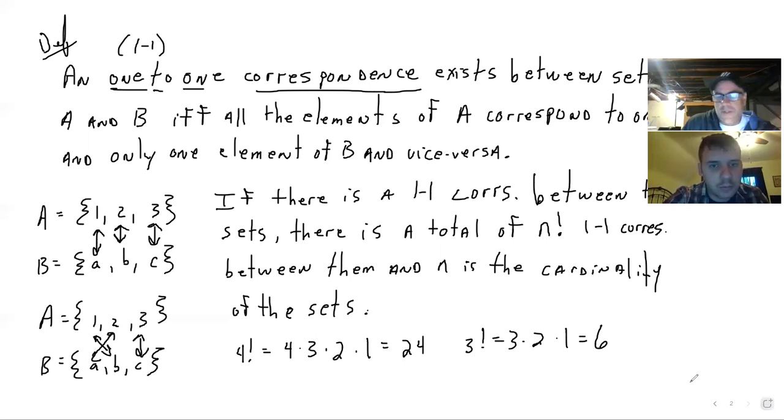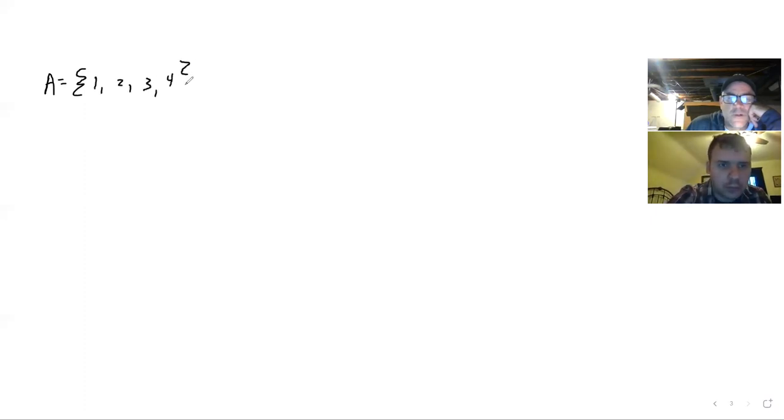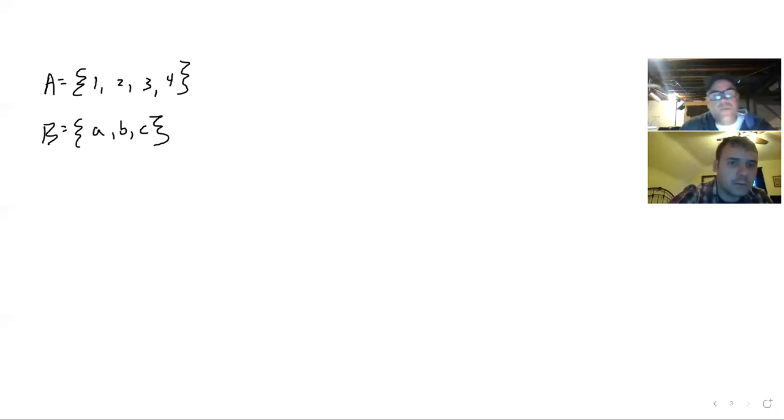Okay. Turn the page. Now, just to exemplify that, if we had a set A and it had the elements 1, 2, 3, 4, and a set B, and it had a cardinality of 3, so it just has A, B, and C, then you cannot establish a one-to-one correspondence between them.